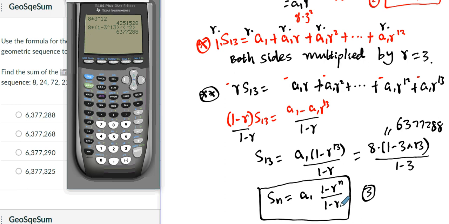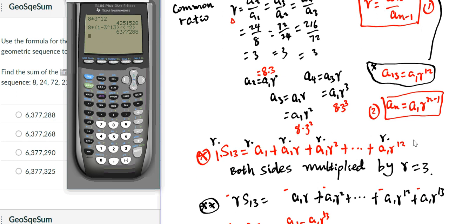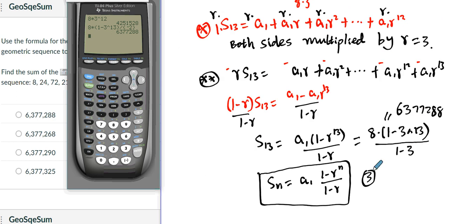So in this lecture, we have 3 formulas. The second one is the general term. The third one is this, the sum of the first n terms. Okay, I'll see you in the next lecture with those 3 formulas.